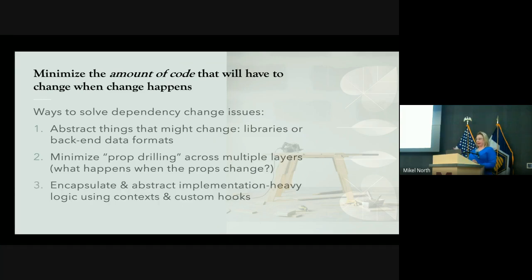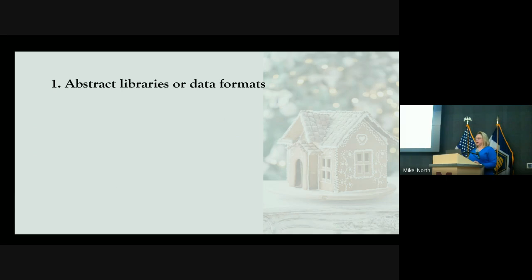You can encapsulate and abstract implementation-heavy logic using context and custom hooks. A lot of people, when I researched how other React developers wrote about how they apply this principle, were abstracting libraries and encapsulating and abstracting things using context and custom hooks. That's mostly what they did.